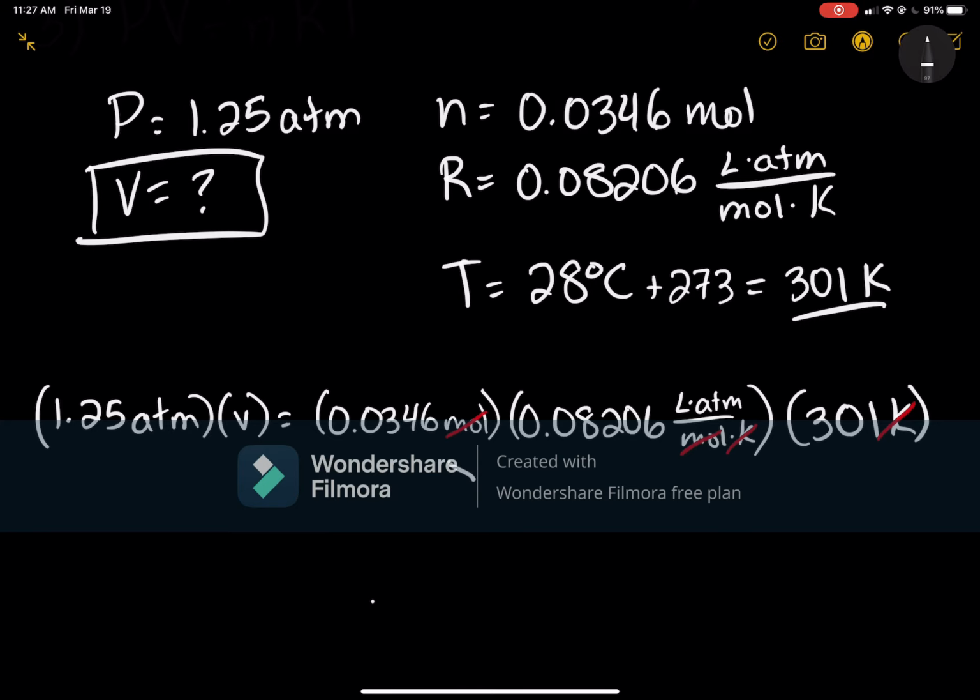So we multiply these together and we get 0.00284, and that's left with liter times atmosphere times 301. Leave the Kelvin there.